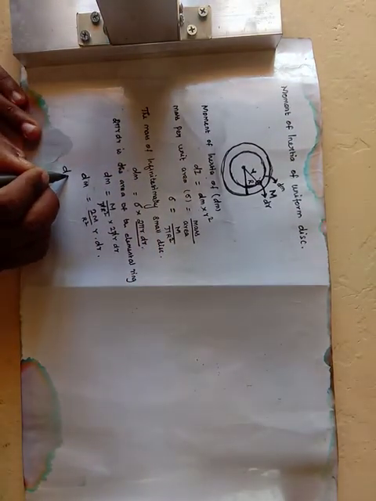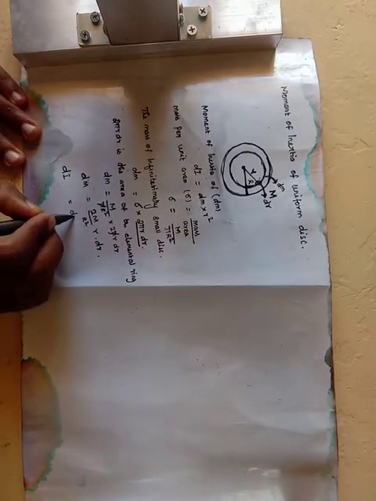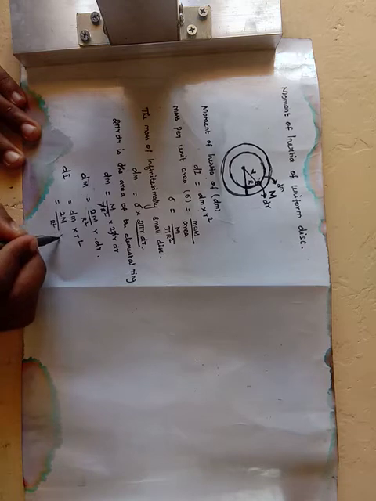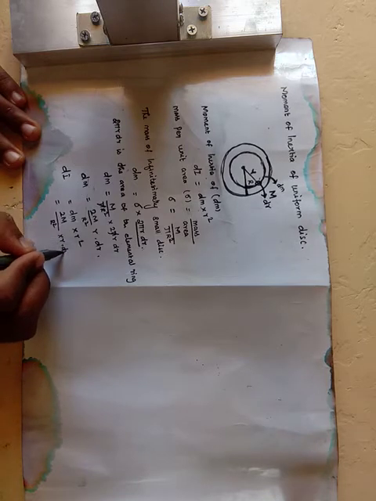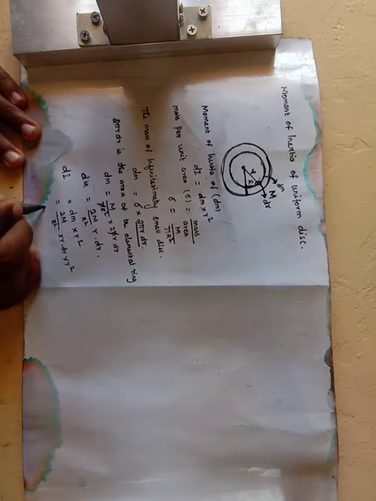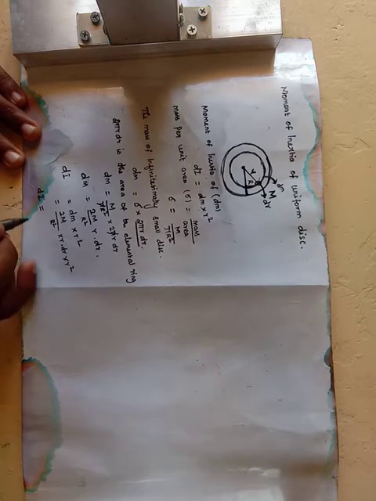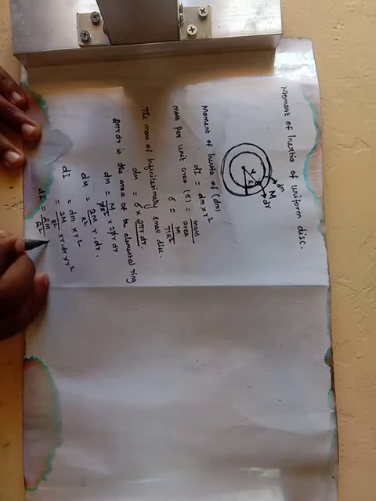So dI is equal to dm into r square. Substituting dm, 2M divided by R square into r dr into r square, so dI is equal to 2M divided by capital R square, small r cube into dr.